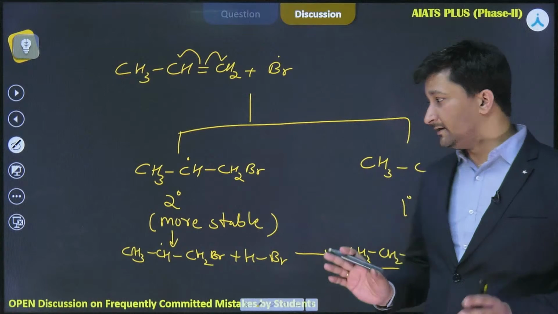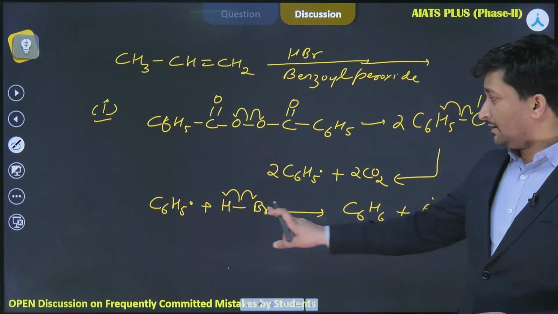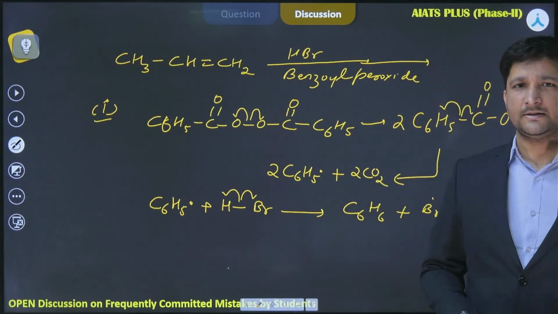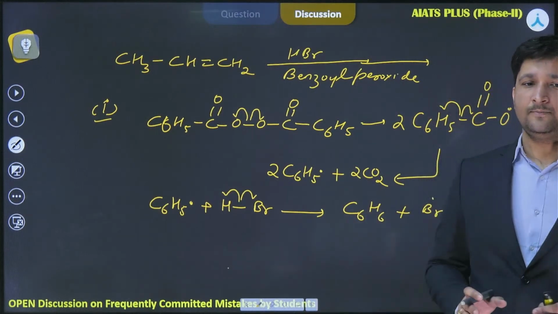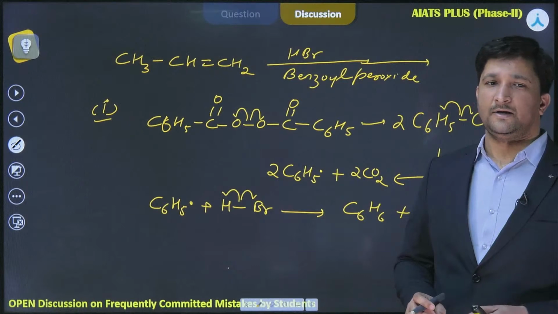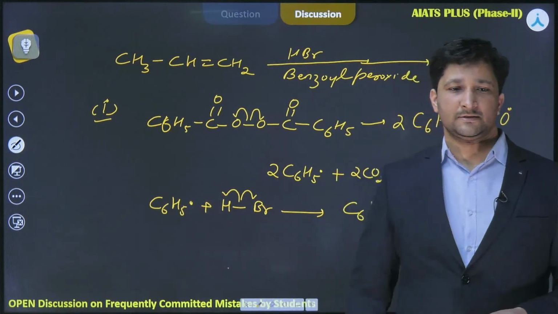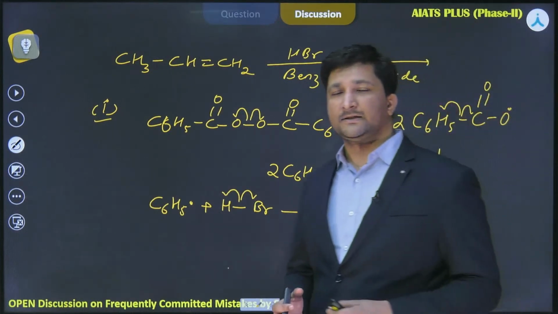See, theoretically we are talking about different types of products being obtained, that this Br can react with C6H5 also. Okay, in 1% case or in 0.1% case this will also happen, but most of the time, in fact more than 95% of the time, it has been observed that this H will form a bond with this C6H6. Okay, so it depends on the thermodynamics of the reaction also.